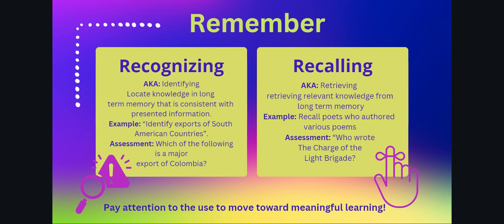The type of objectives that are consistent with recognizing, for example, would be to identify the exports of South American countries, and then the assessment would be a multiple choice question where students choose the major export of Colombia. In recalling, an objective might be to recall the poets who authored different poems. Then a question might ask, who is the author of a certain poem?